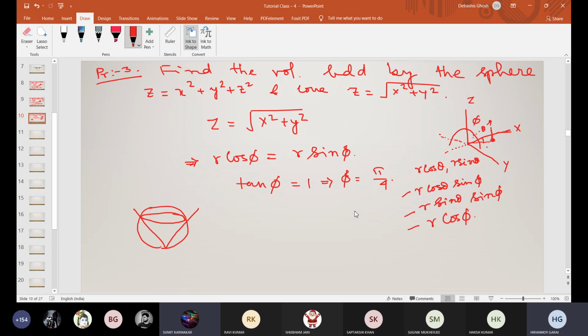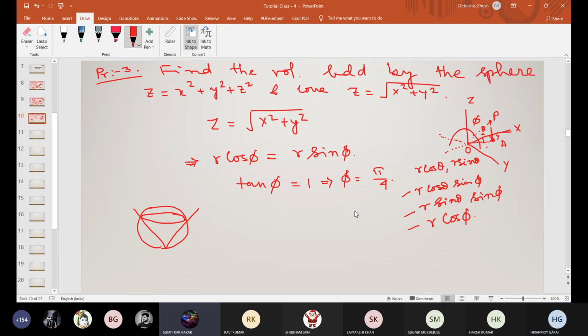You have to put names to the points: P, A and O. This is a right angle triangle that creates an angle phi, and this is an angle theta. You have to draw a perpendicular, with respect to which this coordinate is xy, which comes to the square root of x square plus y square. This one is y, this one is x, and x equals r cos theta, y equals r sin theta.